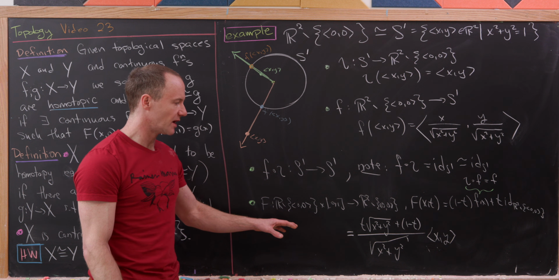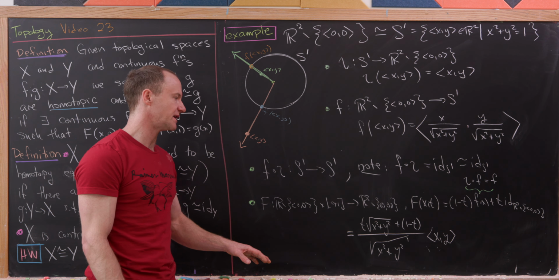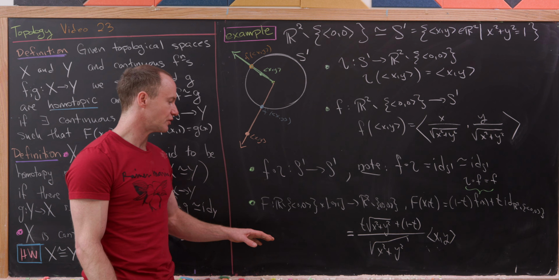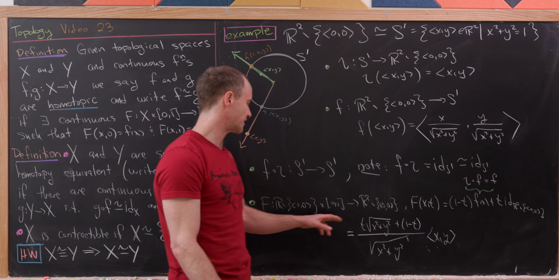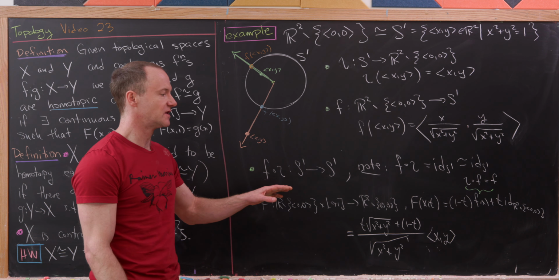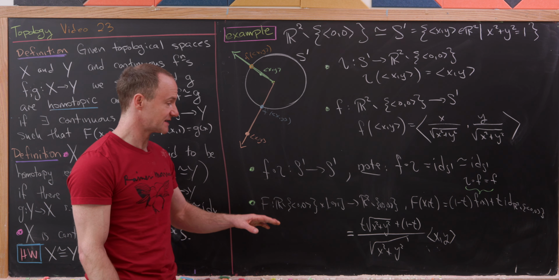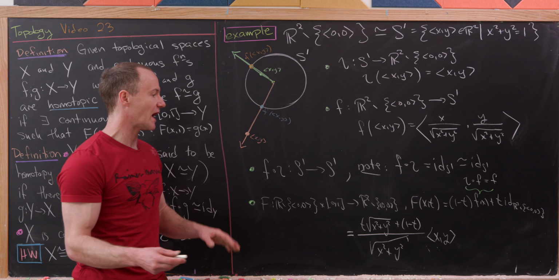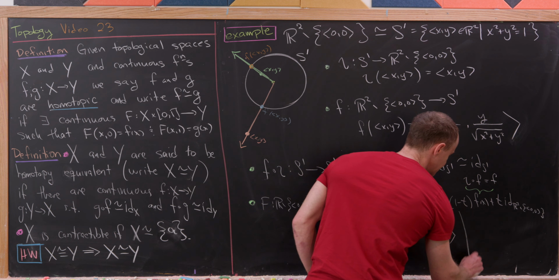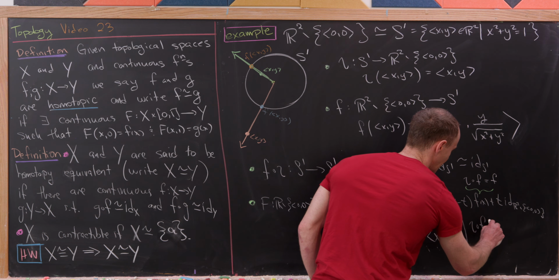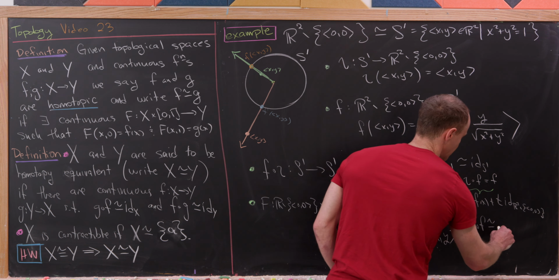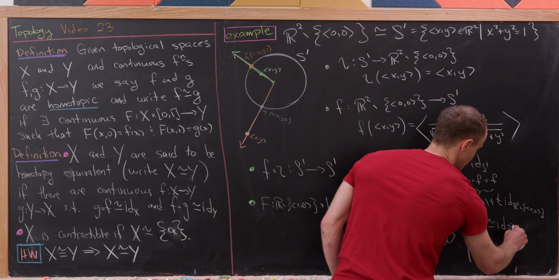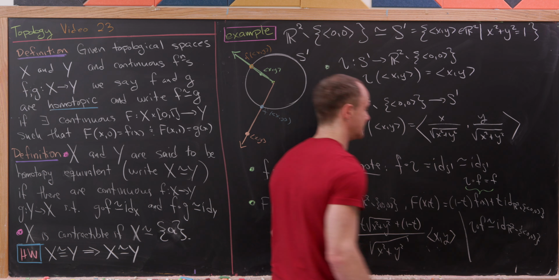Now you can plug in t equals 0 and t equals 1 here, and you'll see that you go from our function f to the identity as necessary. Either way we do it, we will see that iota composed with f is homotopy equivalent to the identity function on R2 minus the origin as needed.